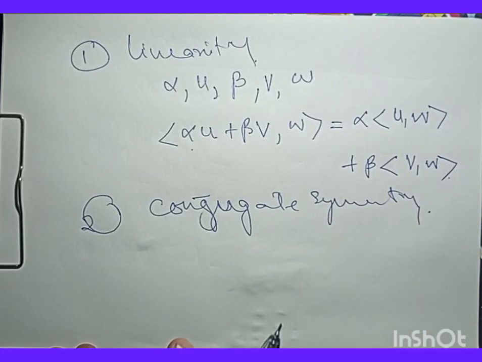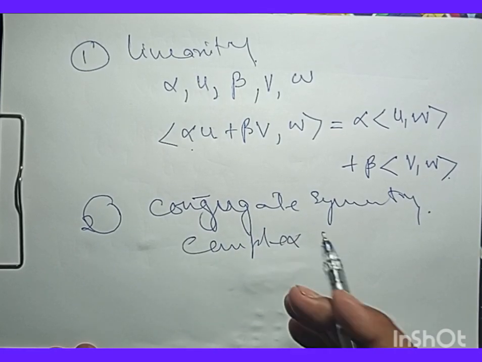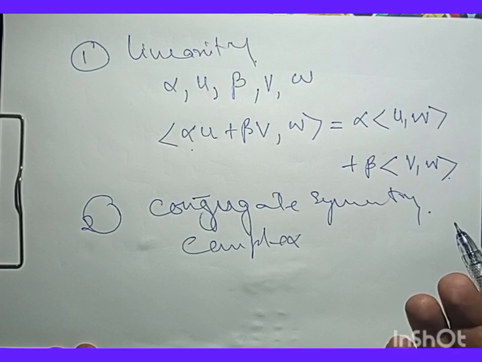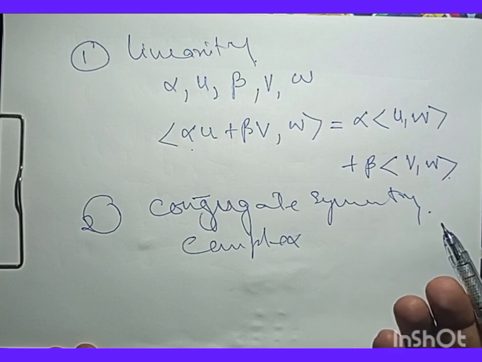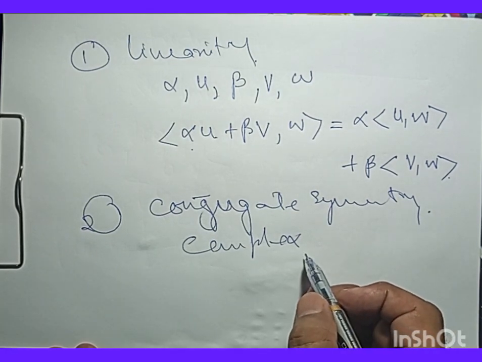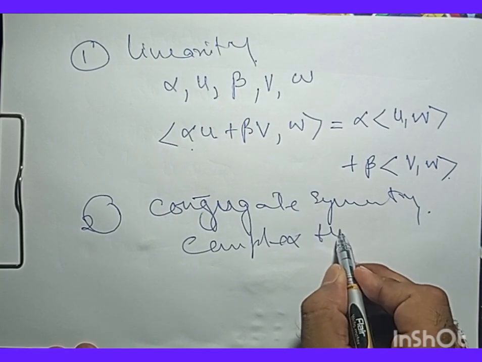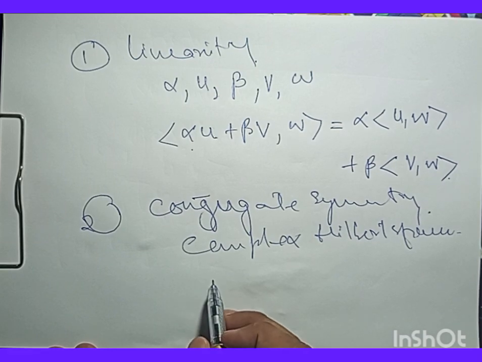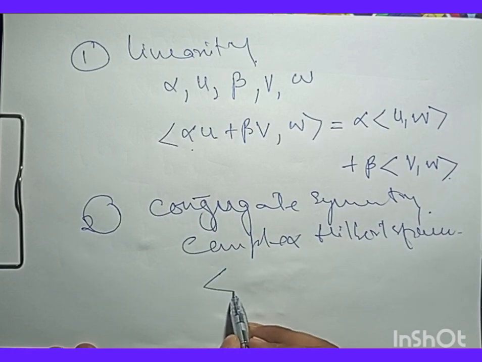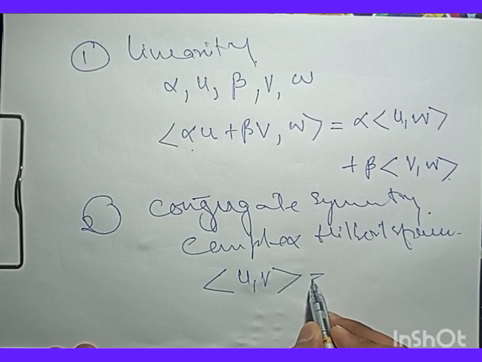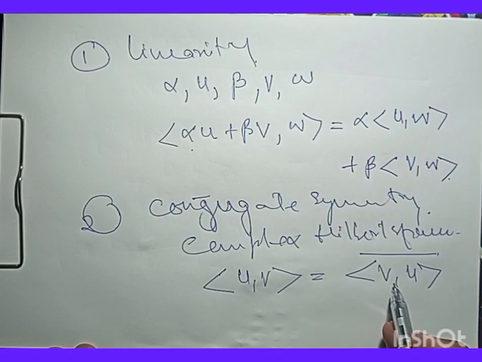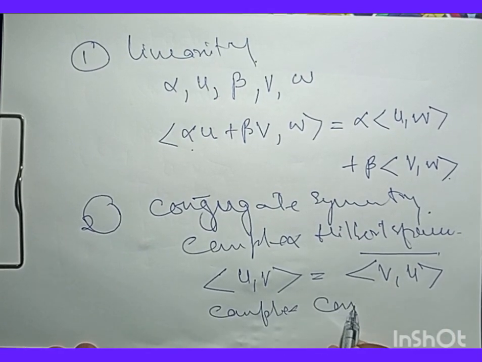Now, if we have the complex case, where we have a linkage to the imaginary unit i, so if we have a complex Hilbert space, then the conjugate symmetry for the inner product of u and v says we can write it as the inner product of v and u, bar, where this bar denotes the complex conjugate.